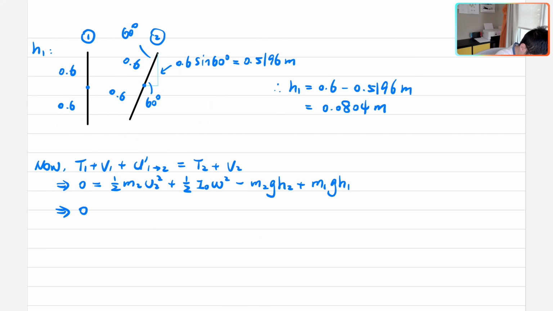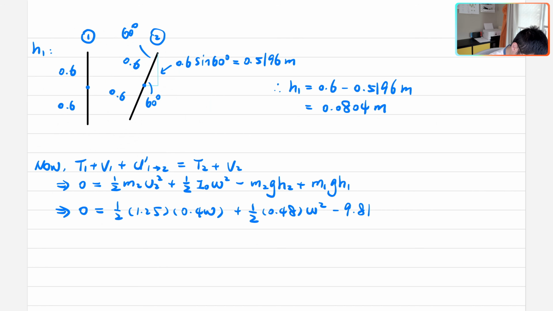Right? Let me sub in the numbers here so you can follow along. M2 is 1.25. V2 is 0.4 omega. This is the relationship we got on the previous page. Plus 1/2 I naught, we calculated 0.48 omega squared, that's our unknown we want to solve, minus 9.81.